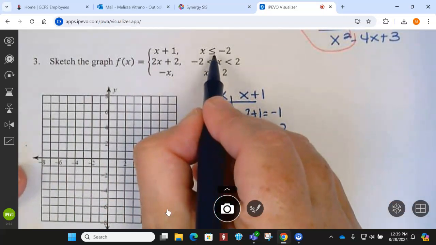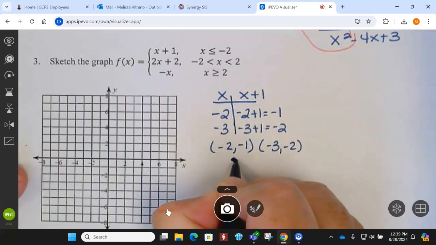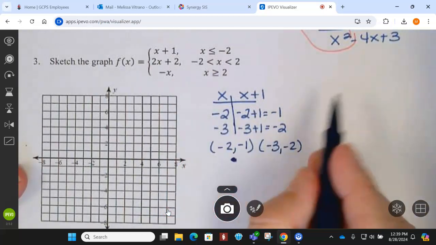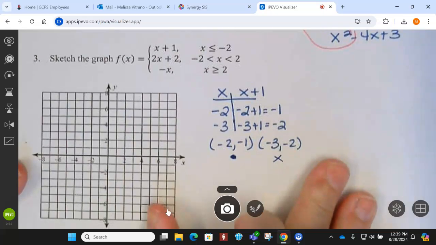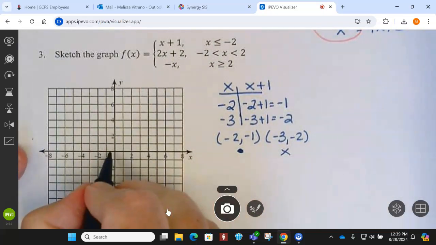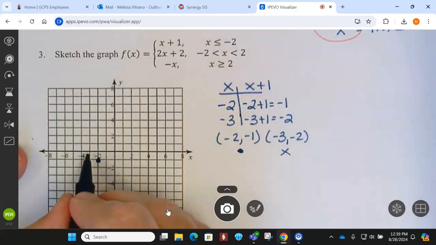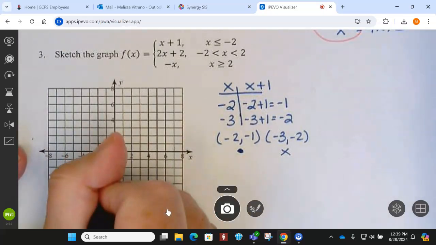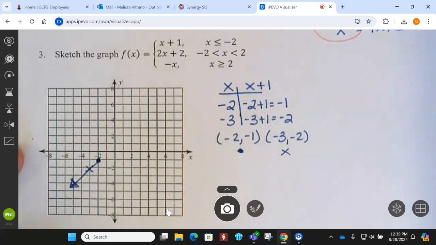Because we have an equal to bar here, solid dot, and then because we came up with -3, I'm going to use that as an x, remember my guide. So -2, -1, -3, -2.